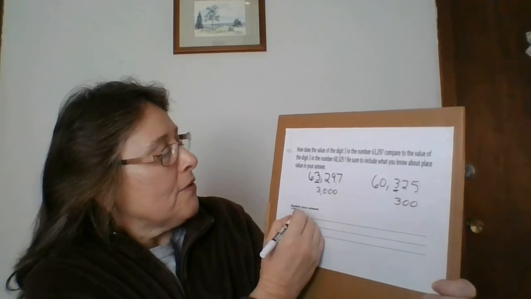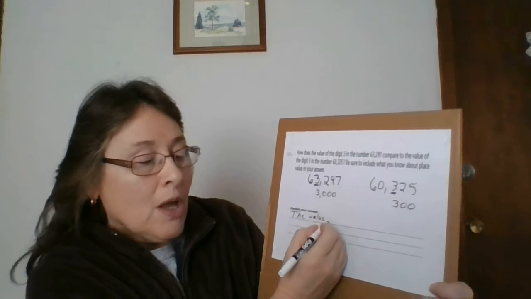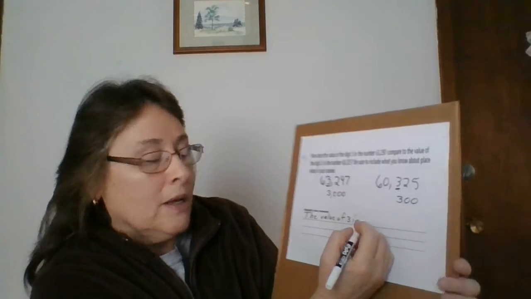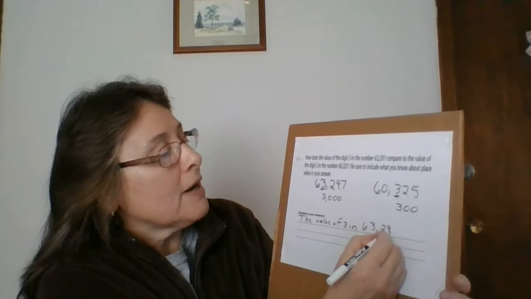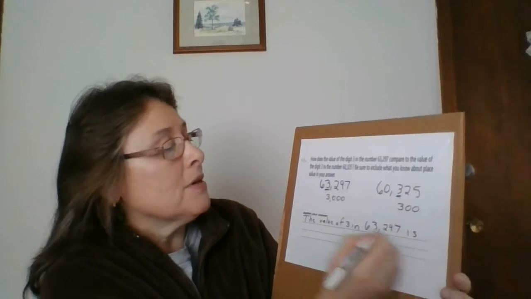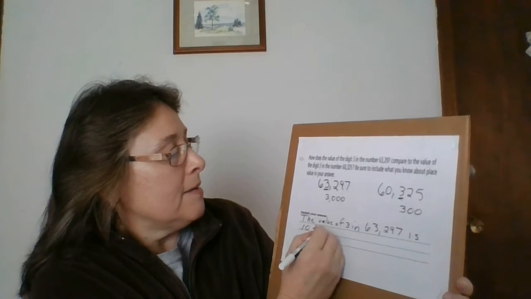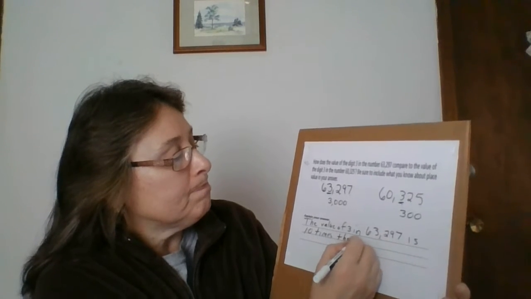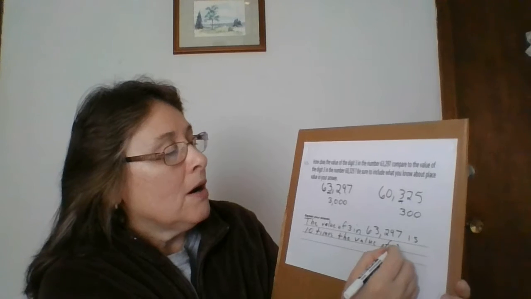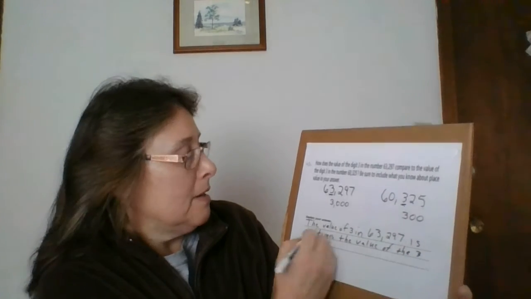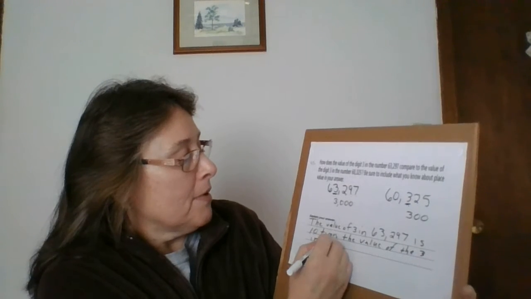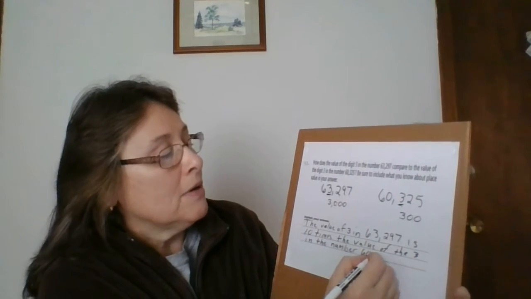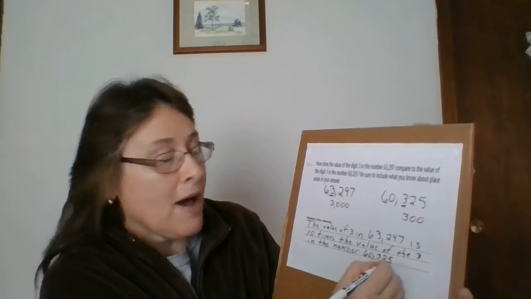I'm going to say that the value of the 3 in 63,297 is 10 times the value of the 3 in the number 60,325.